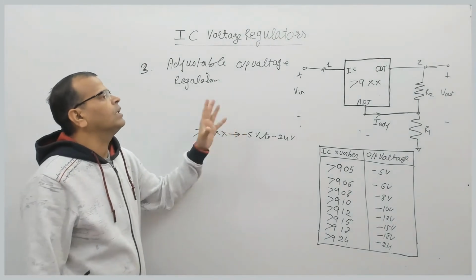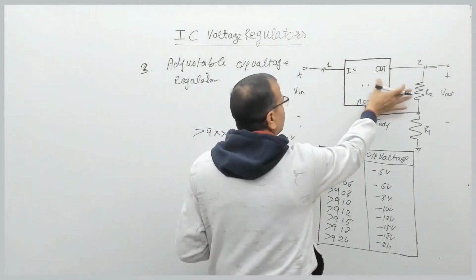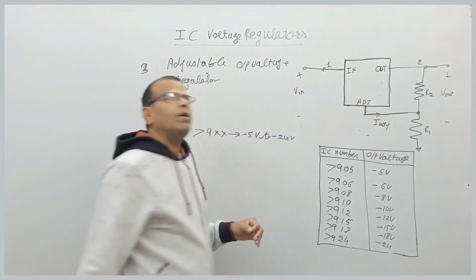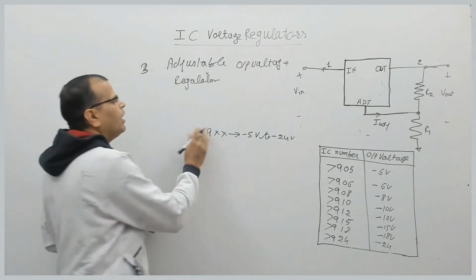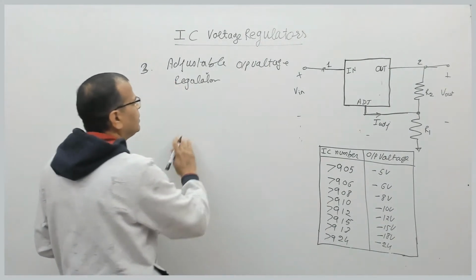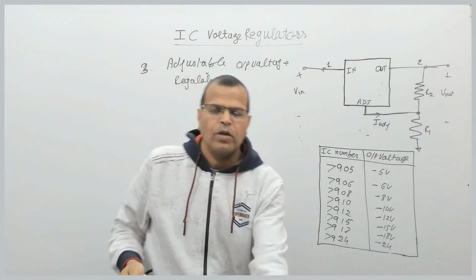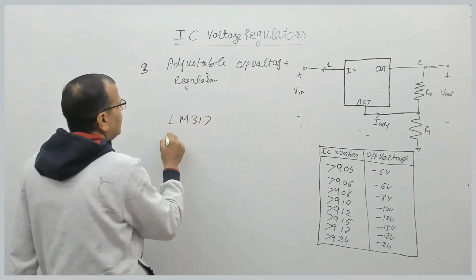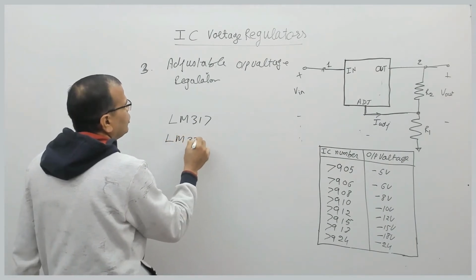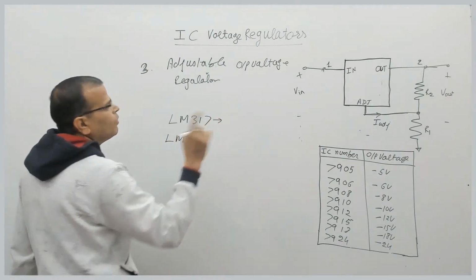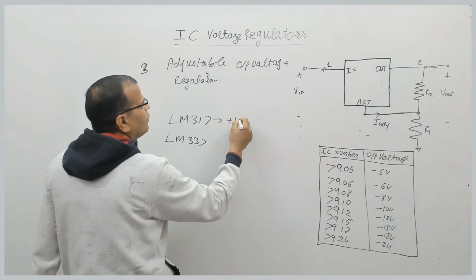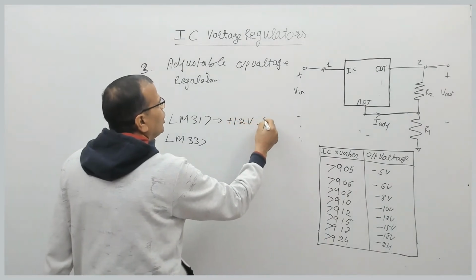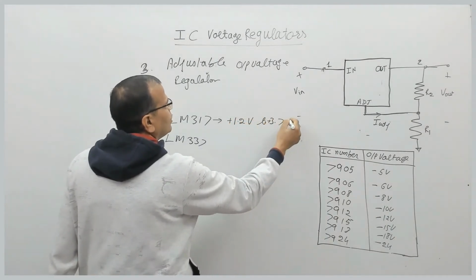This circuit is here in series. Now in case of adjustable voltage regulator, there are two ICs, one is LM317, another is LM337. This LM317 gives you the output voltage varying from 1.2 volt to 37 volt positive.